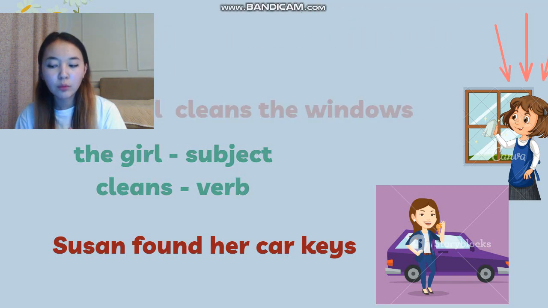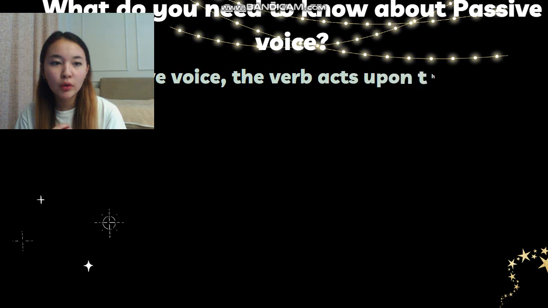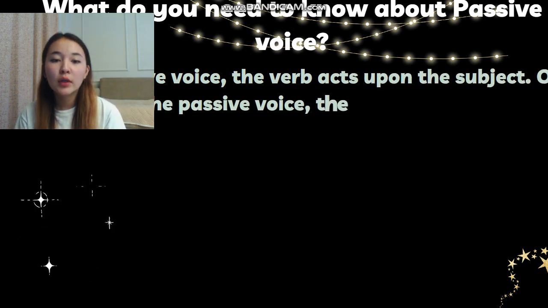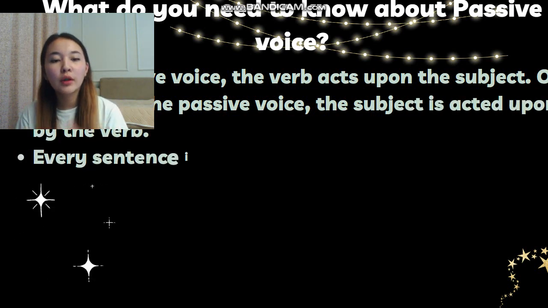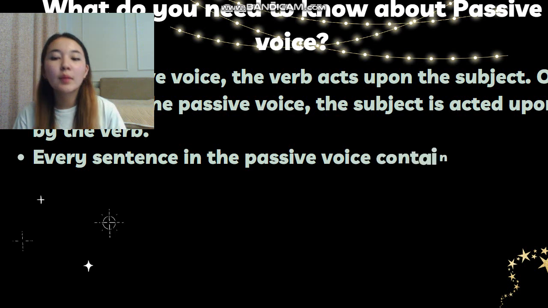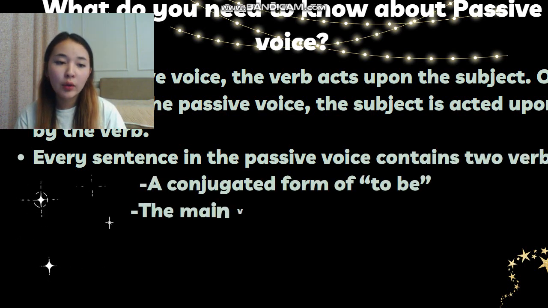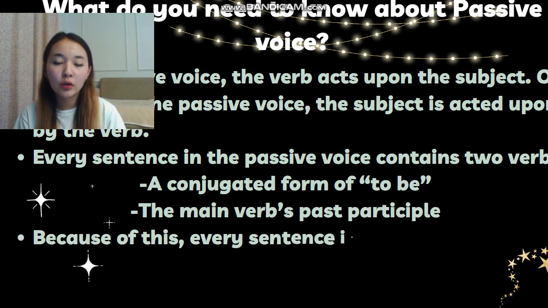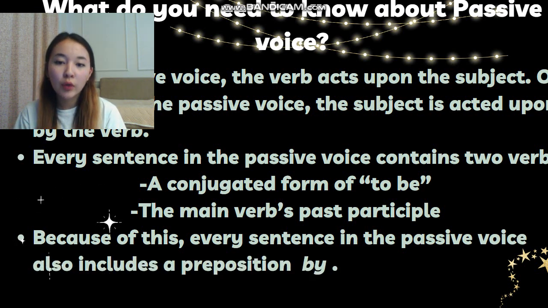And now let's look at passive voice. What do you need to know about passive voice? In the passive voice, the verb acts upon the subject, or to put it in the passive voice, the subject is acted upon by the verb. It is on the contrary: in active voice, we should use subject acts upon its verb, but in passive voice, the verb acts upon the subject.